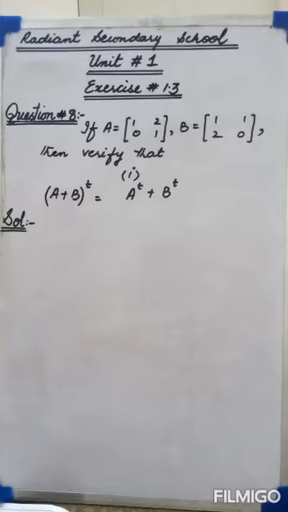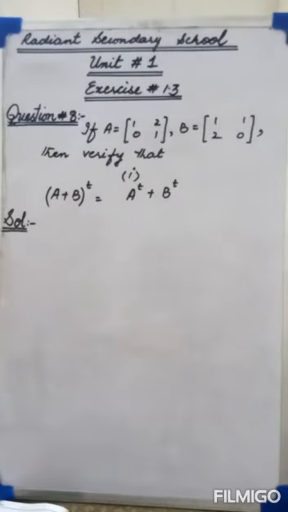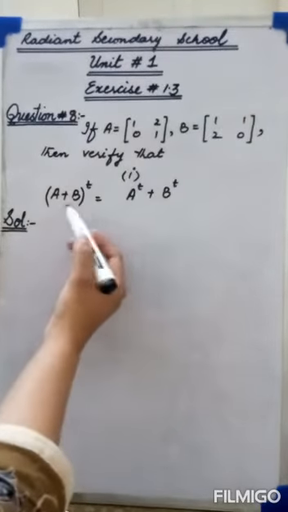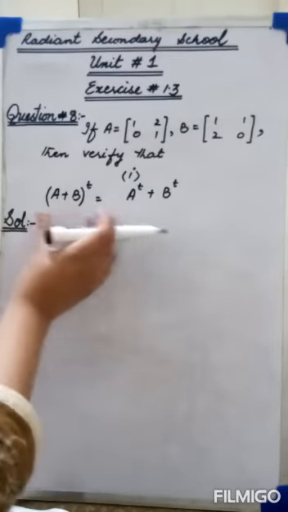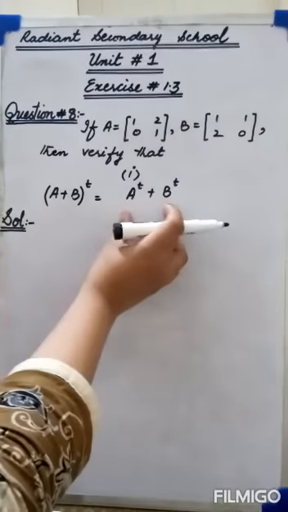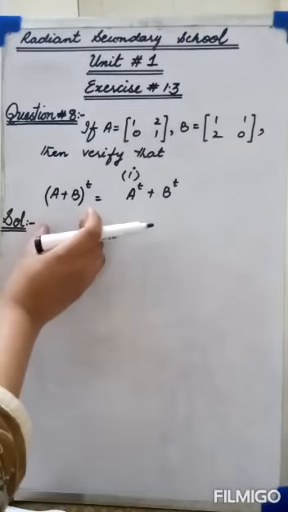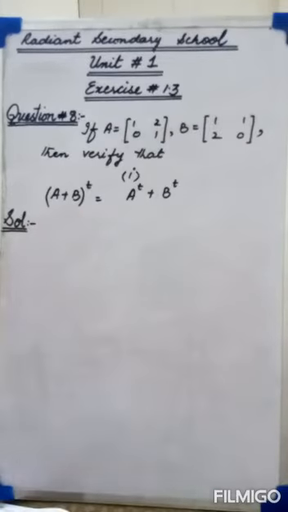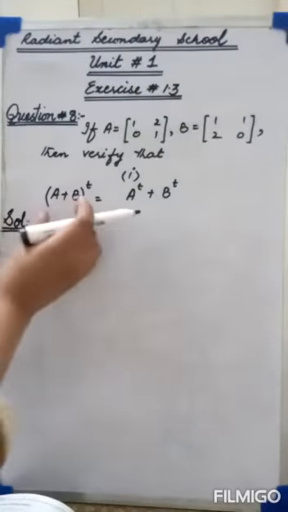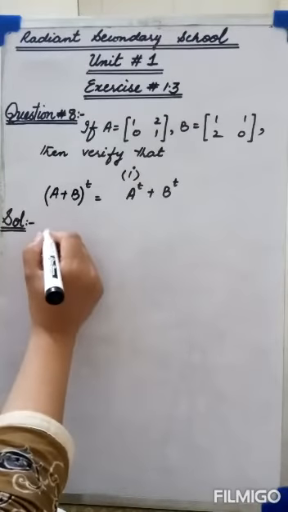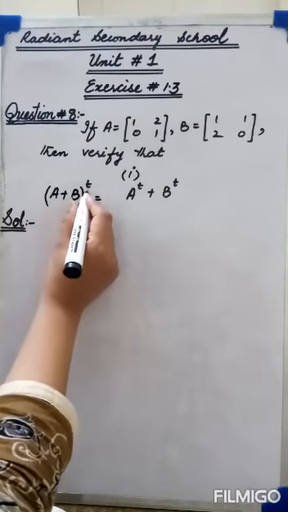Now the next question is question number 8. We are given two matrices A and B and we have to solve this. We have to verify that this side is equal to this side. Students, we can take both sides together or we can solve it by left hand side and right hand side. Now I am going to solve side by side. This is A plus B whole transpose.